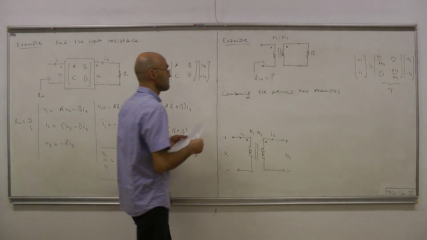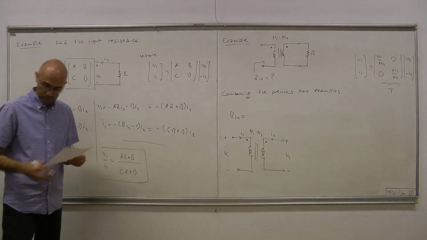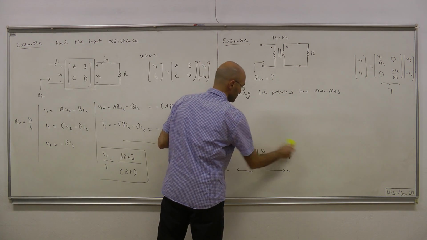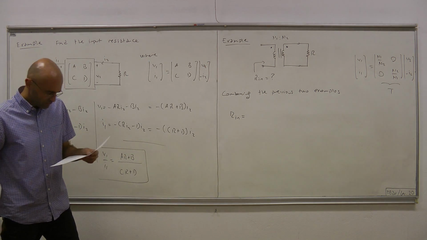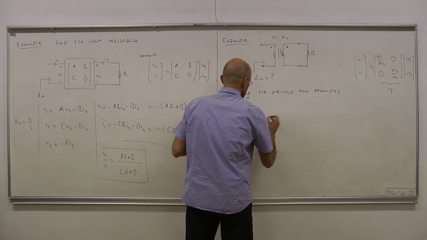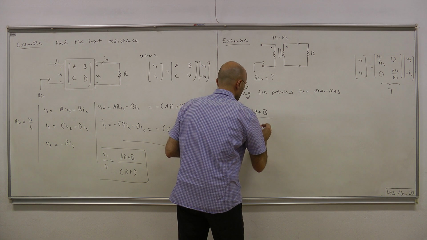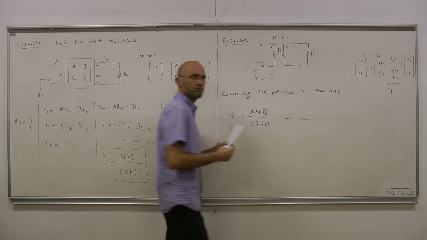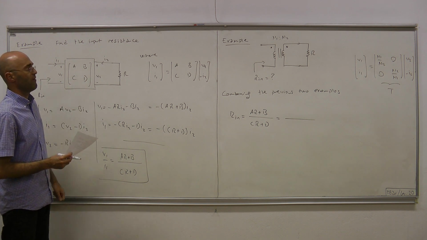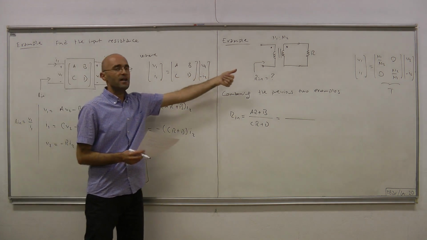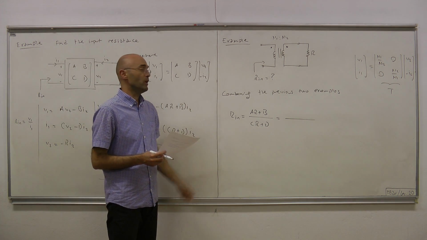We can write the following: R in equals AR plus B over CR plus D. So that's the general formula that we obtain, and for the ideal transformer, we know what A, B, C, D are in terms of the turns ratio, N1 and N2.